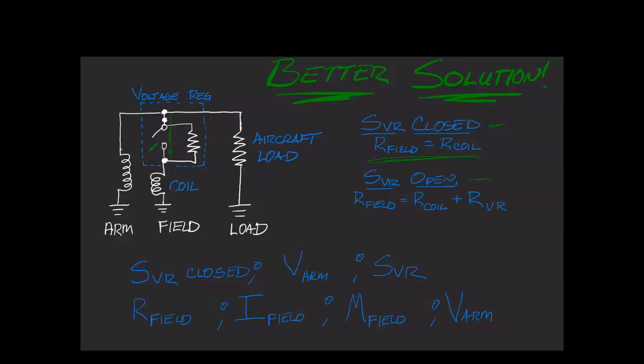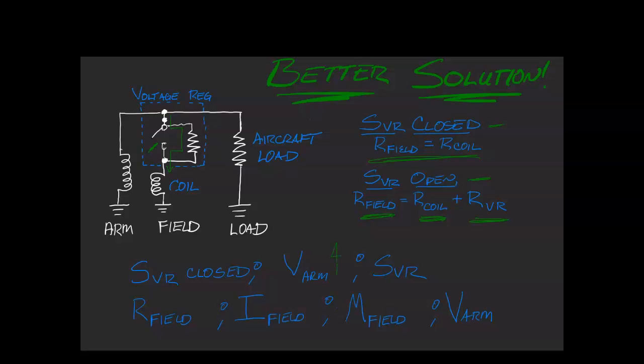When SVR is open, if we have this path open, current has to flow through the resistor and then down through the coil. So when SVR is open, resistance of the field equals resistance of the coil plus resistance of the voltage regulator. Pretty simple.